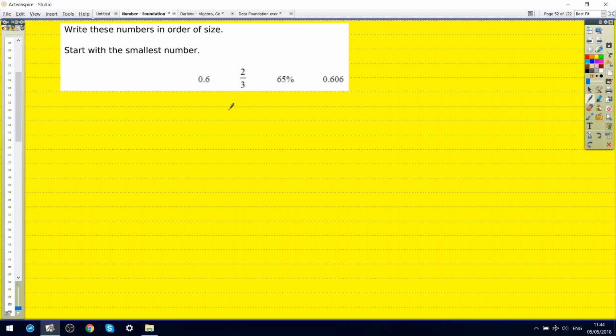Close. It's 0.6 recurring, so 0.666 going on forever. And so, okay, the first one was 0.6. There's that one, 0.65. And so smallest to biggest, what would these be? The 0.6? The last one?